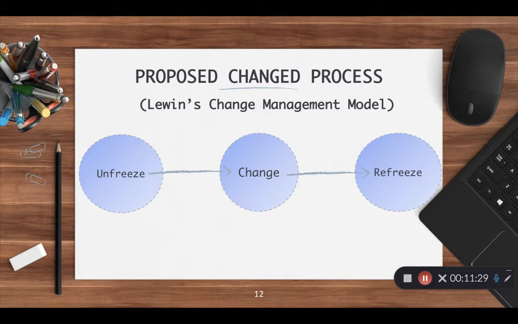The first portion of this change model is the unfreeze stage. This one is about letting go of old interventions that were being used, interventions that mainly focused on these ADHD students and kind of singled them out from their classmates.